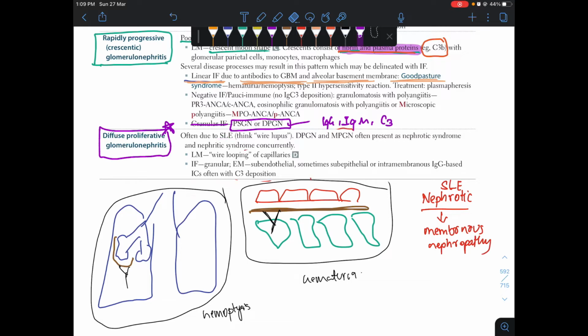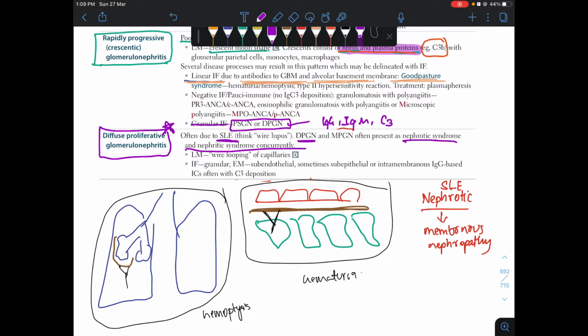Next, we have diffuse proliferative glomerulonephritis. It is a type of rapidly progressive glomerulonephritis, and it is mostly seen in SLE patients. DPGN, that is diffuse proliferative glomerulonephritis, and membranoproliferative glomerulonephritis often present with nephrotic and nephritic syndrome concurrently.